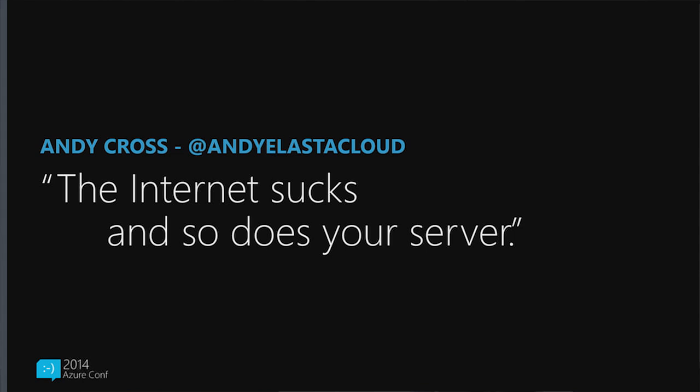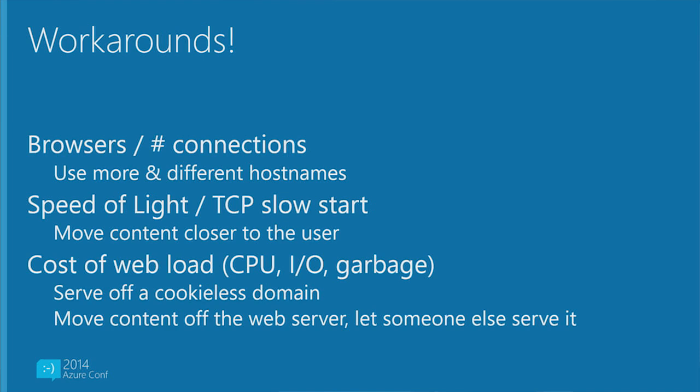And as good developers do, what do you do when you have an issue and when something is broken? No, you do not fix it. You find workarounds. Workarounds for all these things could be, if you're using a browser and you can only do 6 connections to one host, simply use multiple hosts. If you go to 2 hosts, you can do 12 concurrent connections from that same browser.